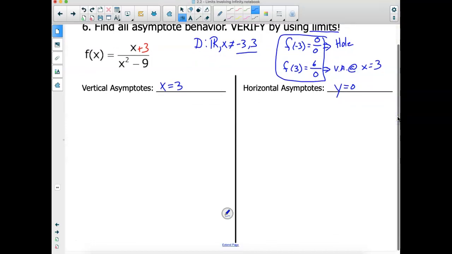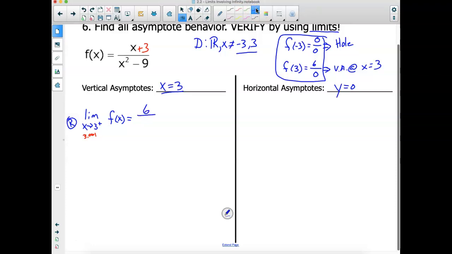Well, vertical asymptotes, if this is my troublesome area, I'm going to look at the limit as x approaches 3 from the right of f of x, and I'm going to cheat because I'm sick of writing the whole thing. Remember, this is the right side because I'm above 3. I'm technically thinking of 3.001. When I evaluate this, I can plug the 3 in the top and get 6.